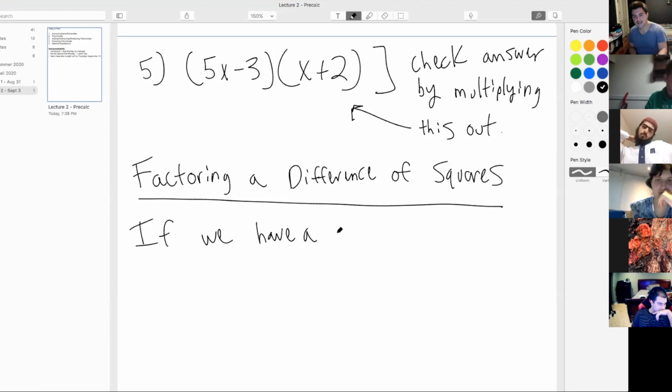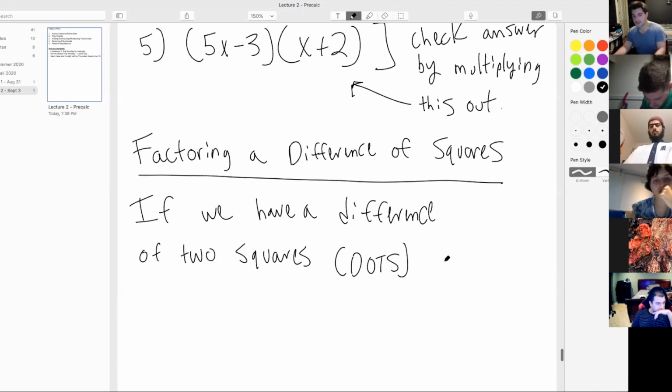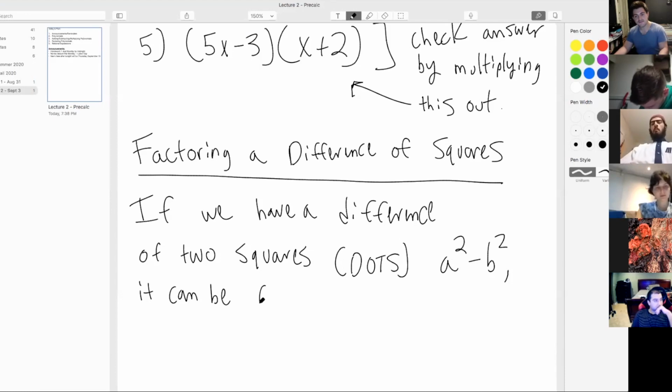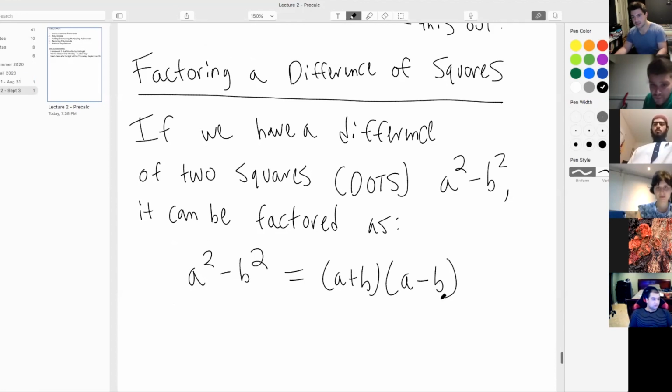If we have a difference of two squares, which I will sometimes shorten as DOTS, a squared minus b squared, it can be factored as such. This can be rewritten as a plus b multiplied by a minus b.